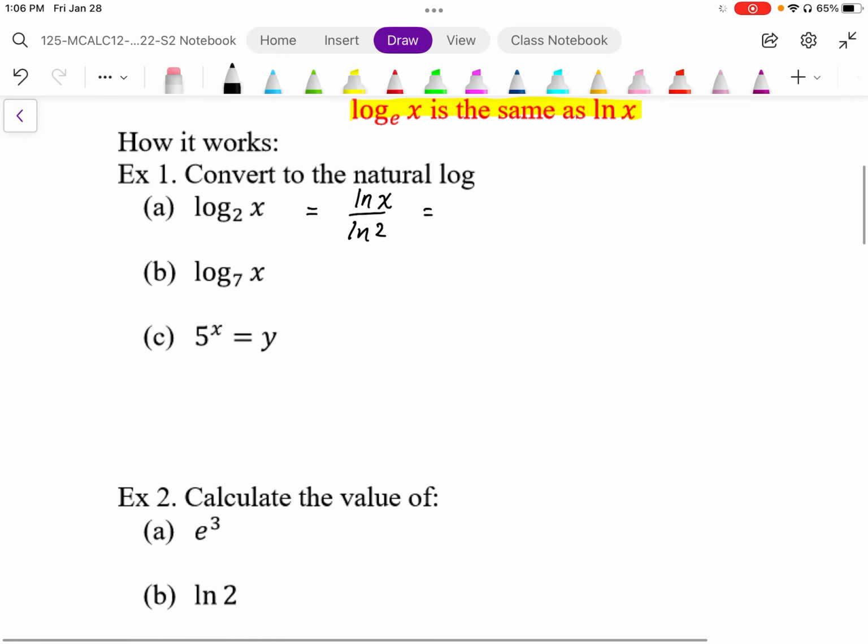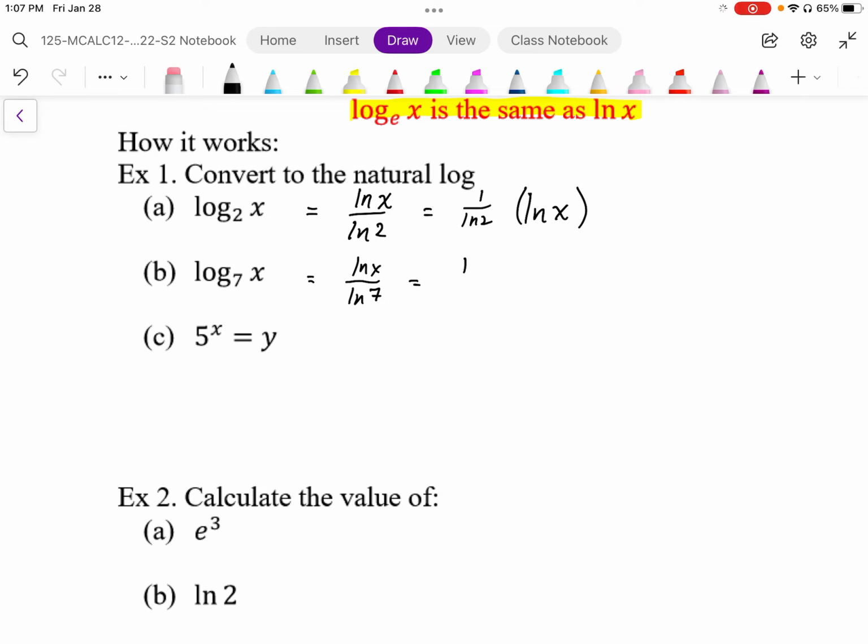And we can just use this as a coefficient, okay, 1 over log 2, and then the function now is log x. So same thing here, it's going to be log x over log 7, and so we end up with 1 over log 7 times log x. So that's how we change these functions into the log base e function.